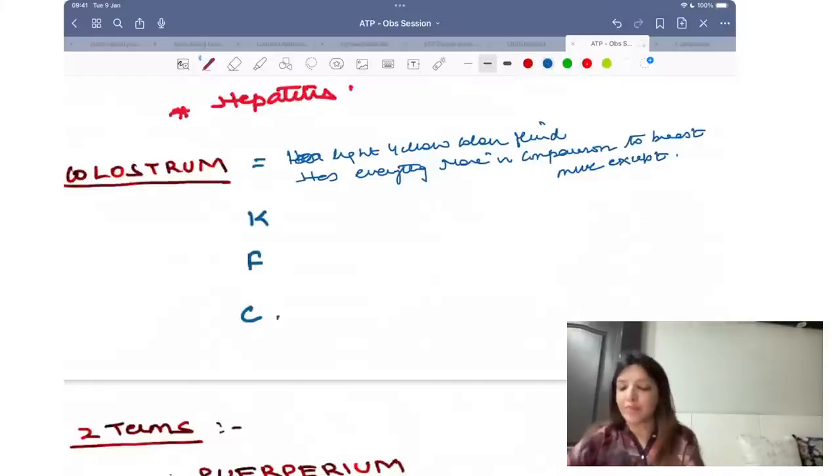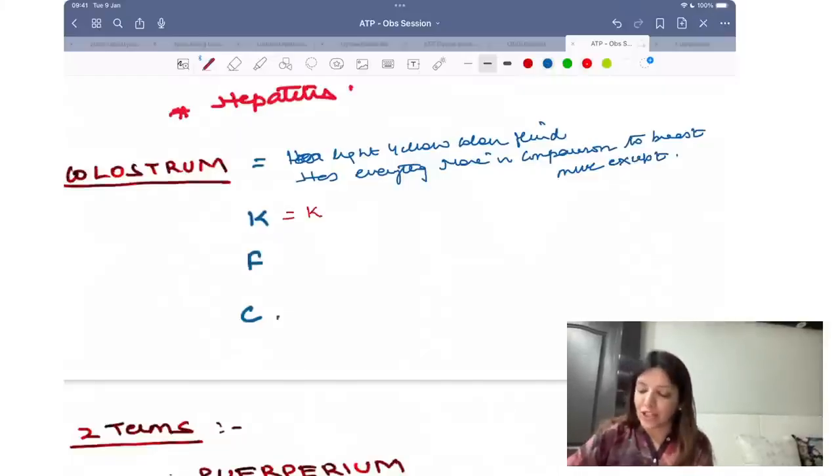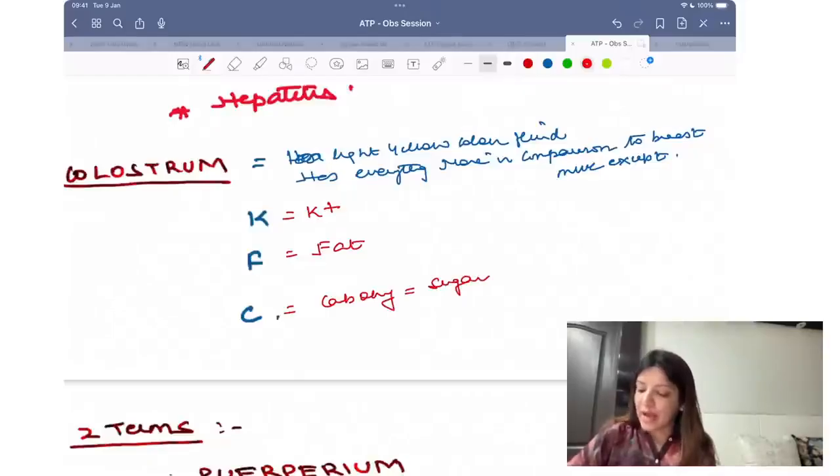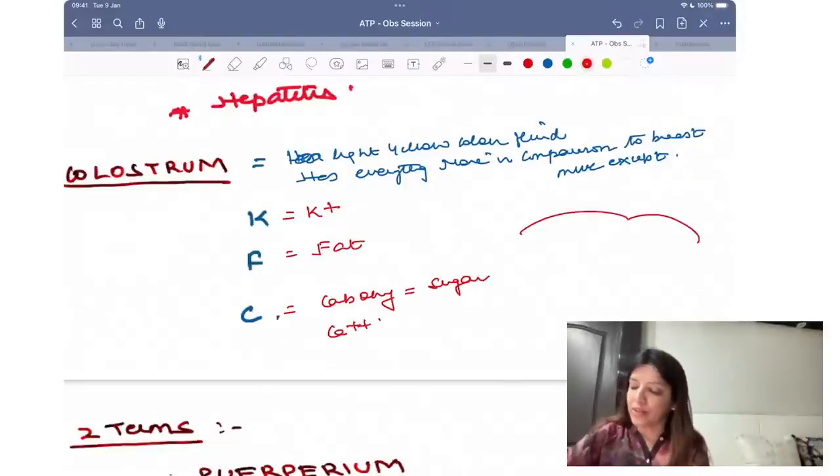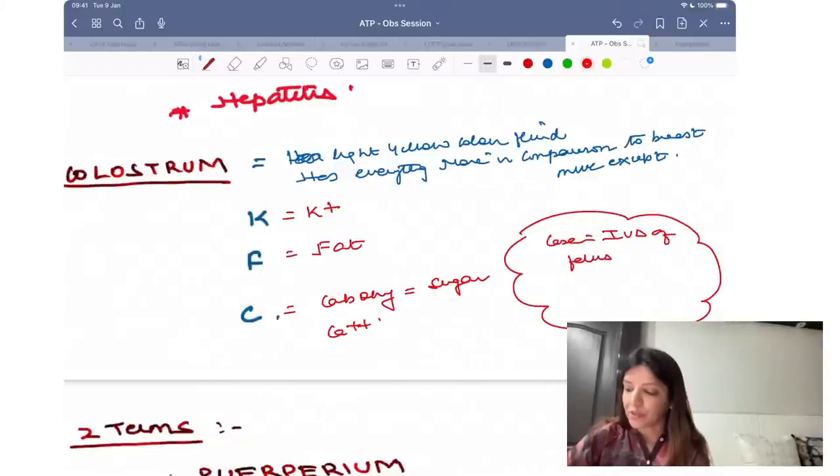And what is that except? KFC: potassium, fat, carbohydrate, that is your sugar, and calcium. Right?